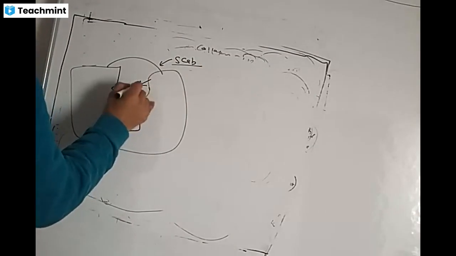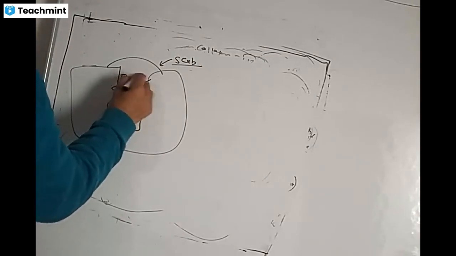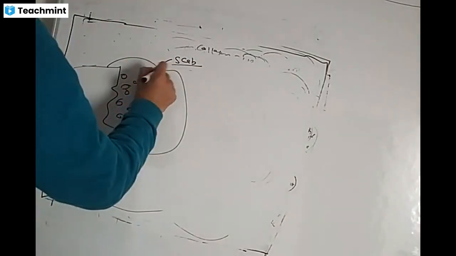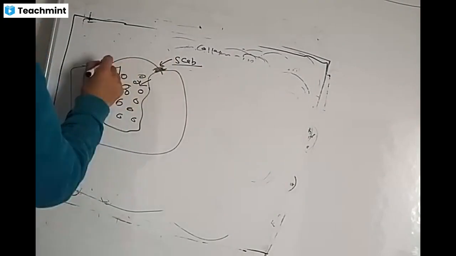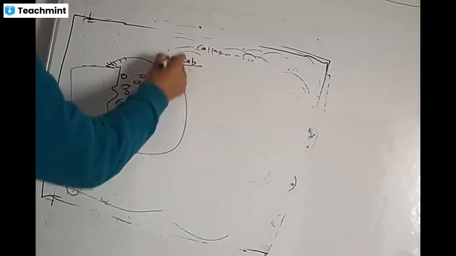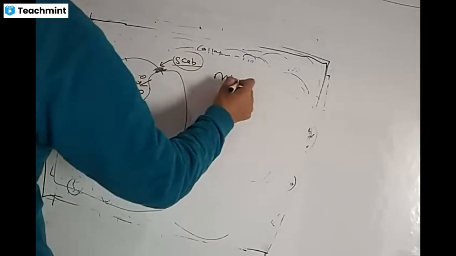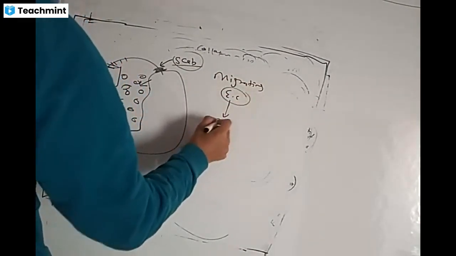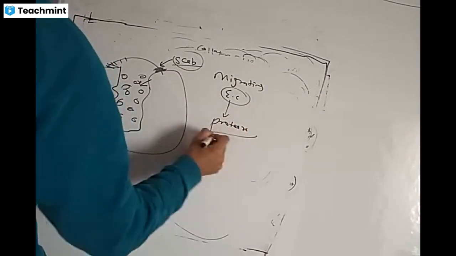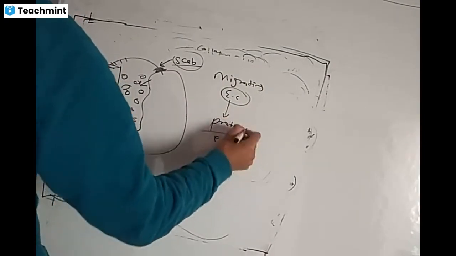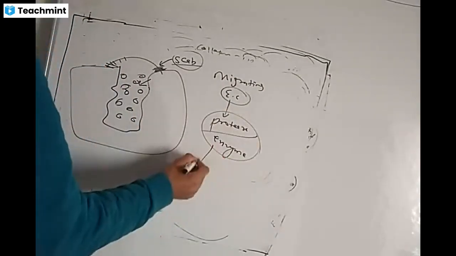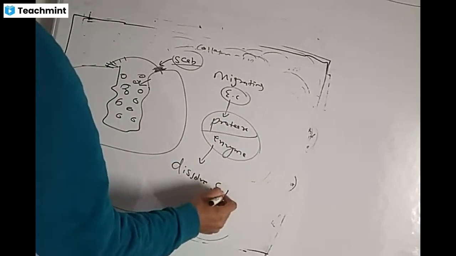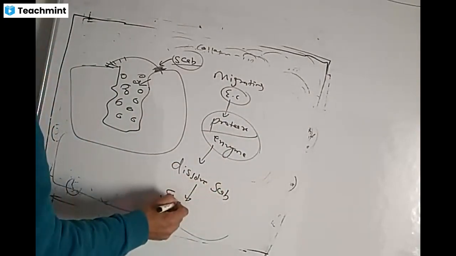Not only will they migrate and make an epithelium, these cells start dissolving the base of the scab. These migrating epithelial cells secrete protease enzyme and that will dissolve the scab, and then the scab will shed.